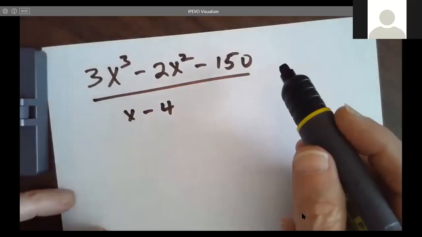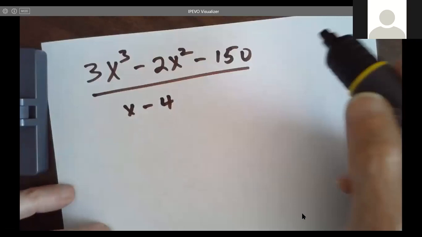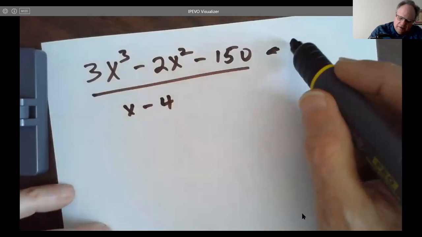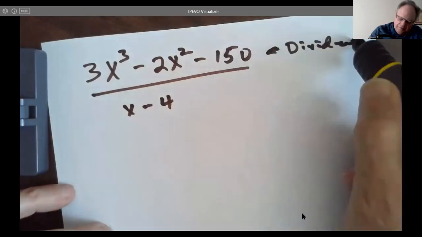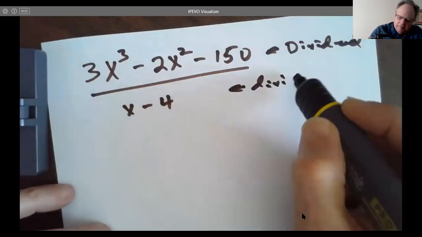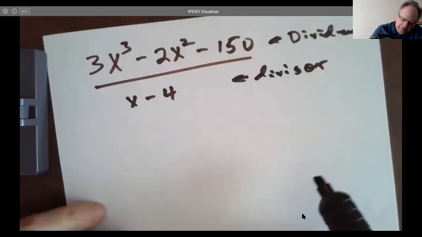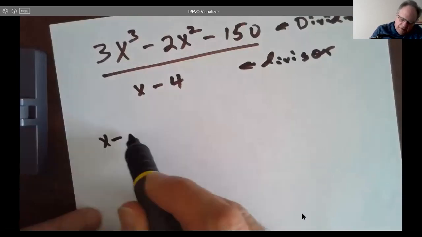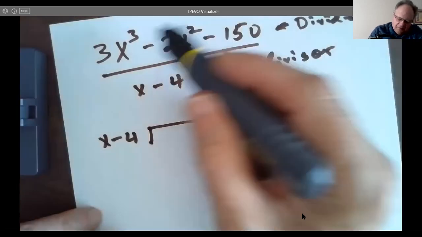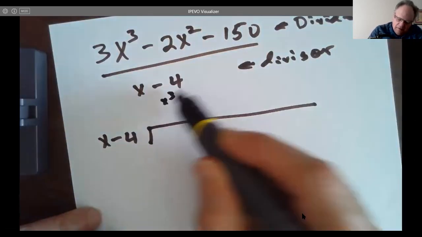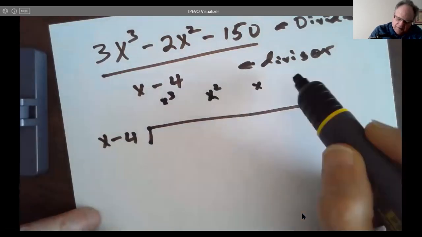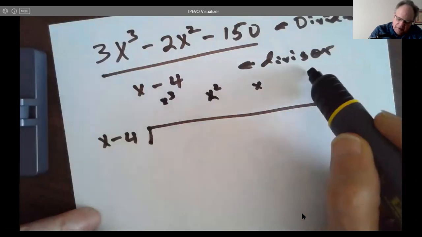Well, using long division, the numerator, that's our dividend. The denominator, that's our divisor. So we put x minus 4 on the outside. And we have to have a place for x cubed, a place for x squared, a place for x, and a place for our constant.